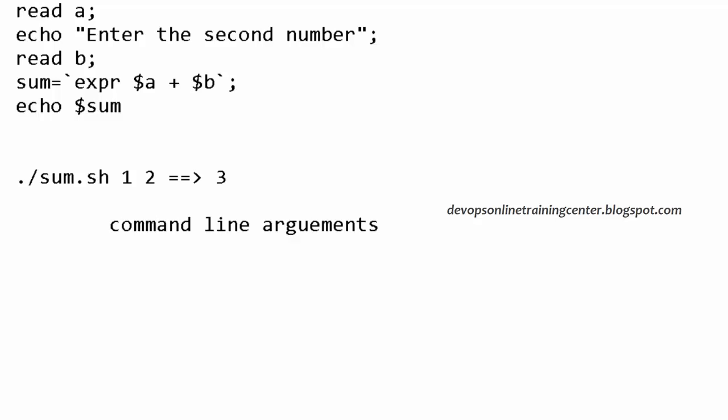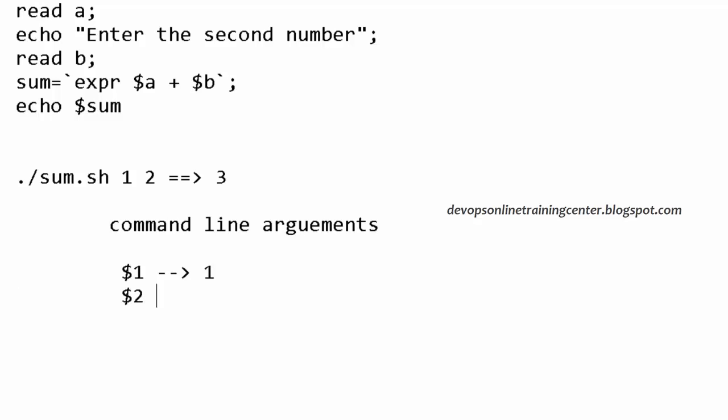So how do we access these command line arguments inside the script? Inside the script, we need to add these two numbers, 1, 2. So there is a way. We can access the command line arguments inside the script using this kind of variable. $1 will give, if I say echo $1 inside the script, the first argument. In this case, it is 1.